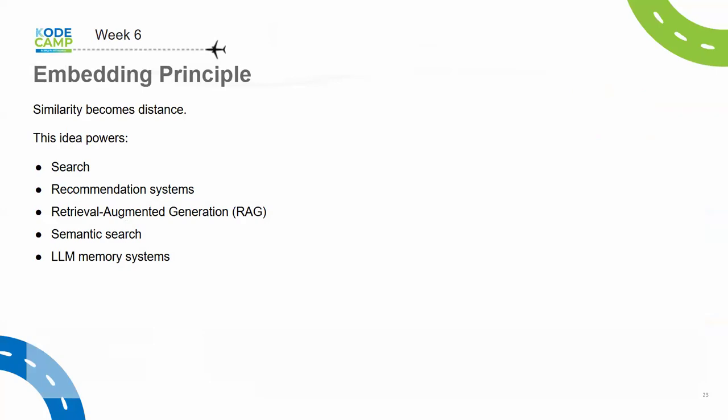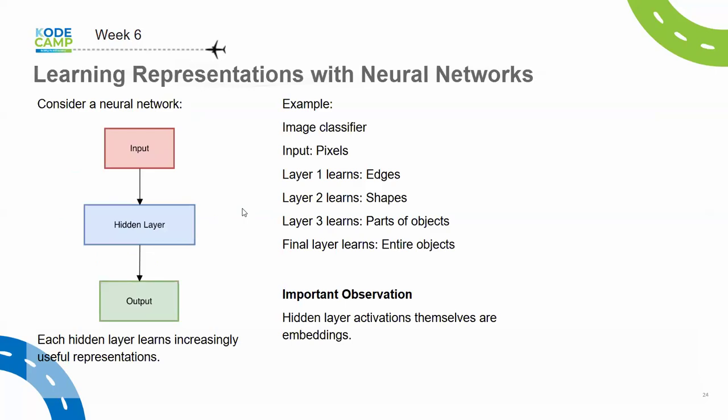Because the meaning is not just one word. Whole sentences can have meaning. We'll talk about that shortly. Then you can use the distance between two embeddings to calculate similarity in meaning. And that makes it very powerful. So with that, we can do search, recommender systems, RAGs, and all of that.